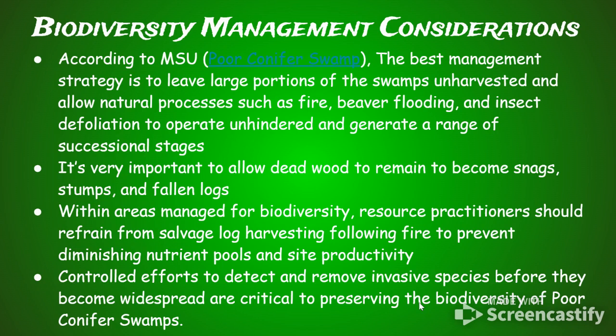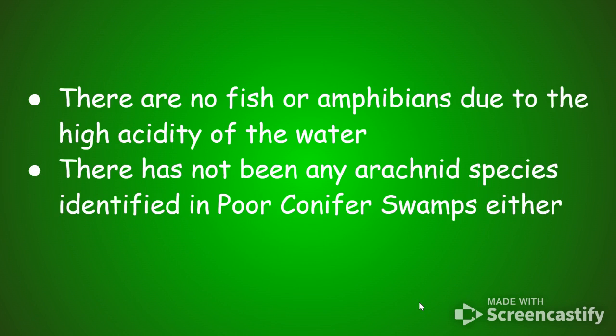It's very important to allow dead wood to remain to become snags, stumps, and fallen logs. Within areas managed for biodiversity, resource practitioners should also refrain from salvage log harvesting following fire to prevent diminishing nutrient pools and site productivity. Controlled efforts to detect and remove invasive species before they become widespread are critical to preserving the biodiversity of poor conifer swamps.